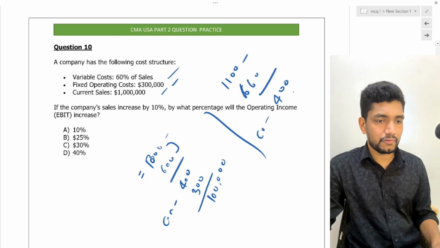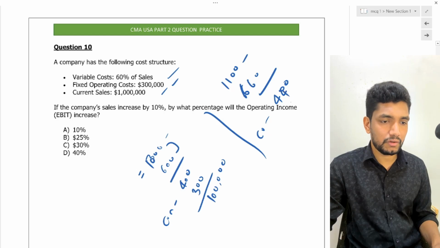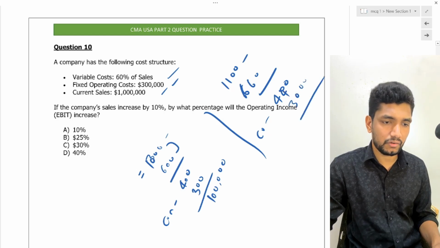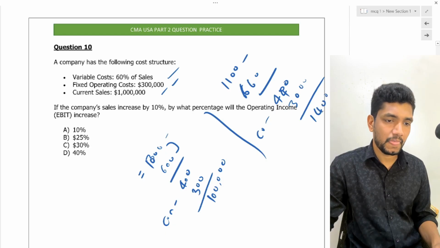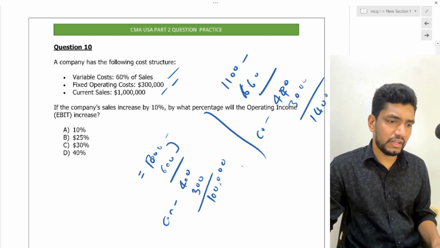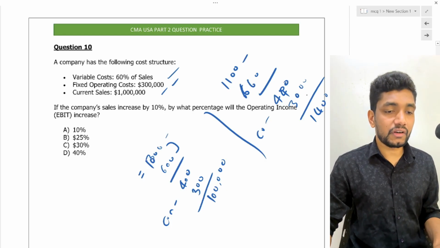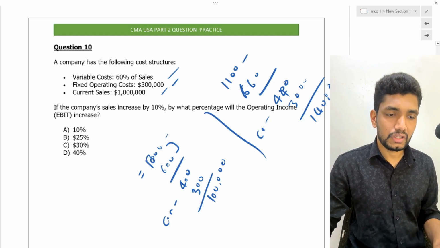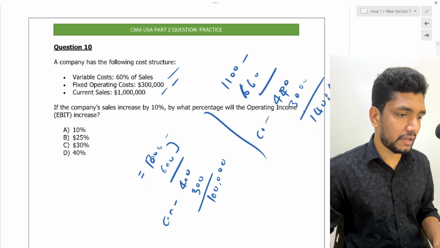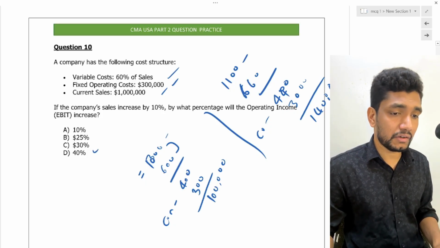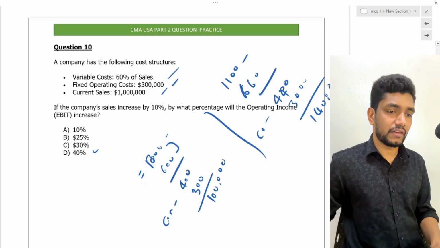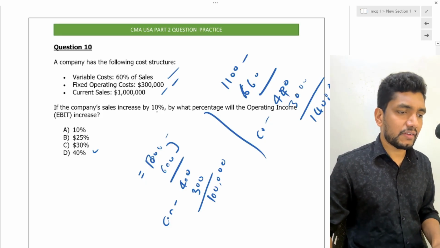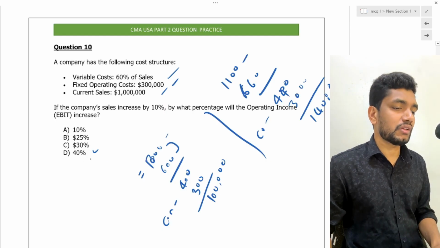Then you have to deduct your fixed operating expenses: 440,000 minus 300,000, that is 140,000. Previously it was 100,000. Now it has changed to 140,000. So that is a 40% change. From 100,000 to 140,000, that is a 40% increase. So the exact answer is already given as an option, that is 40%.